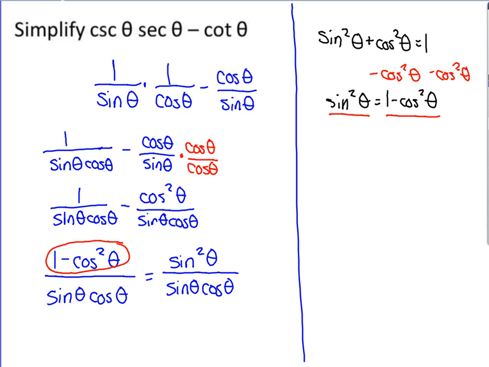Now if you notice, we have a sine on top and we have a sine on bottom. This sine will cancel the square. So we're just left with the sine of theta over the cosine of theta. And sine over cosine will just simplify to be tangent.